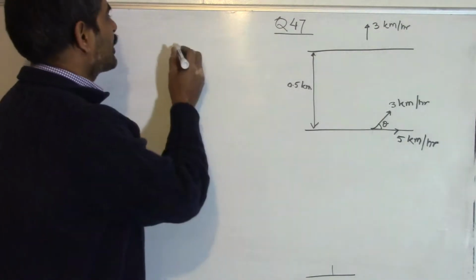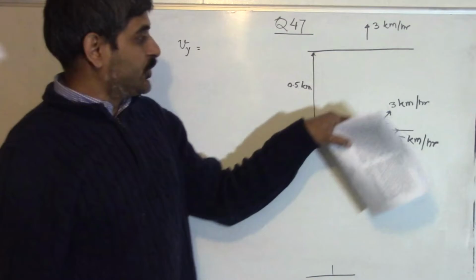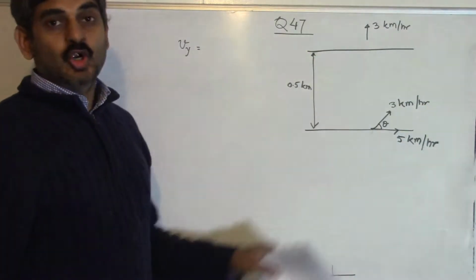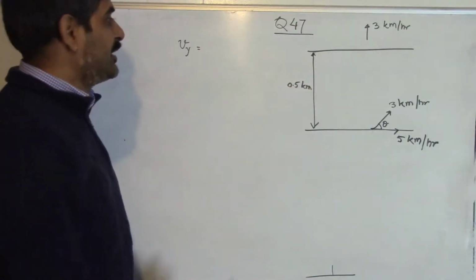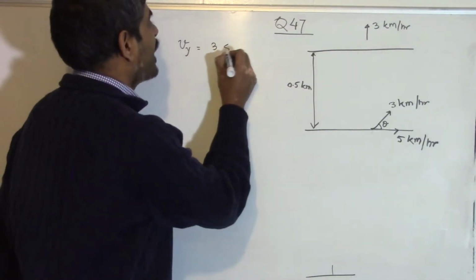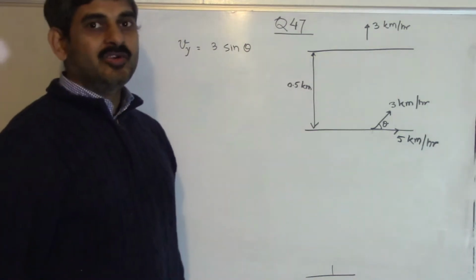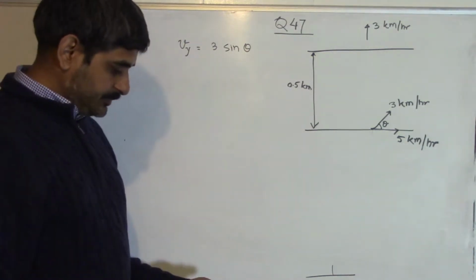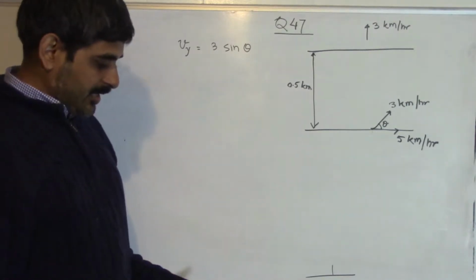So let us see, Vy, the component of this velocity which is available to move him in this vertical direction, will be 3 sine theta. And what we need to find out is the time he takes to cross the river.